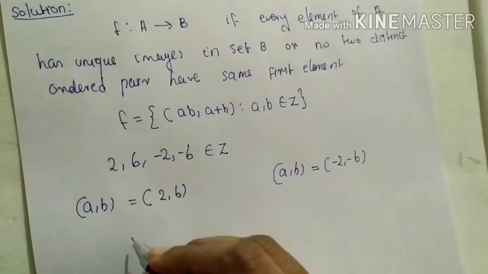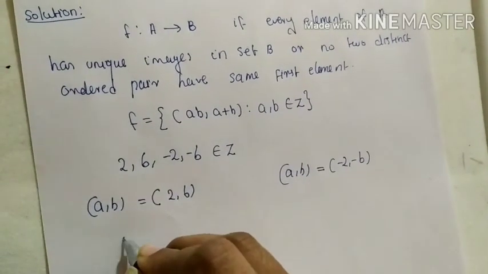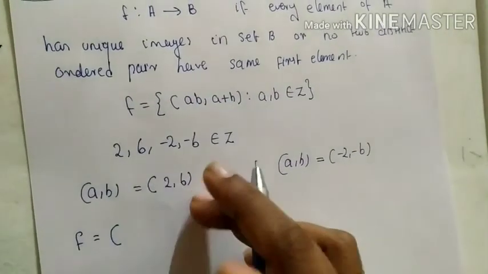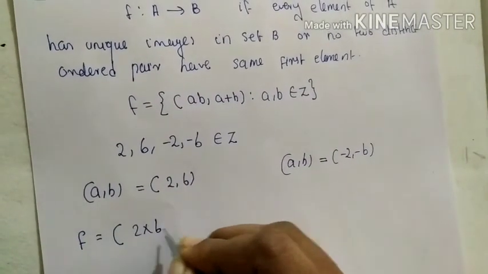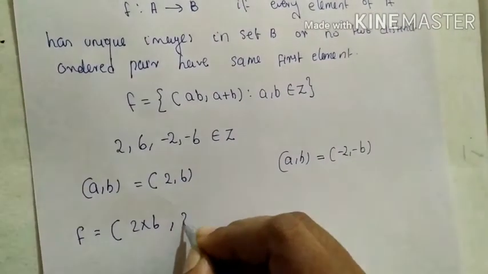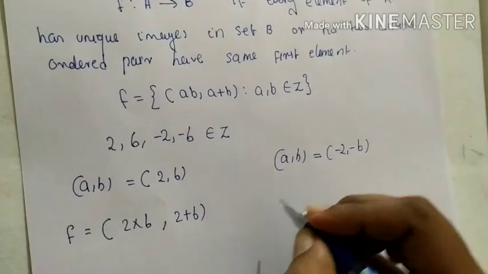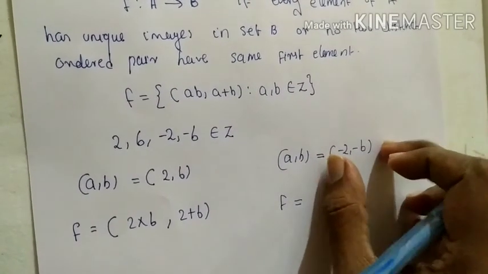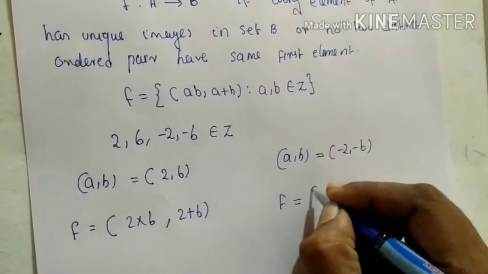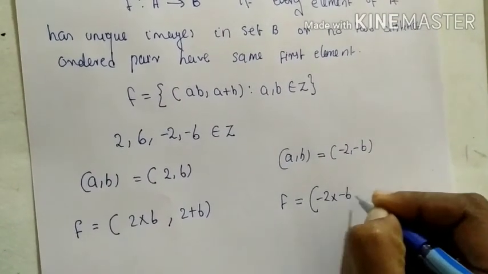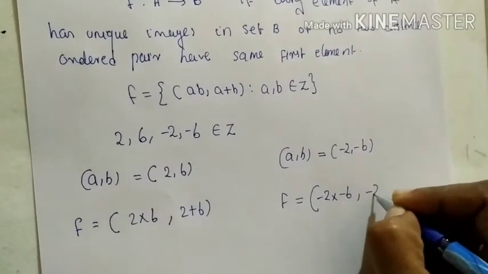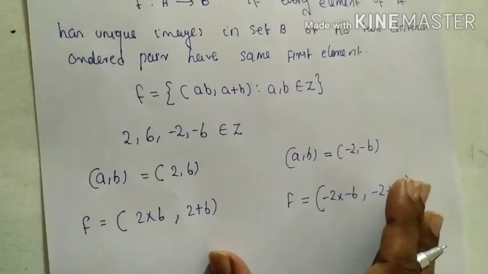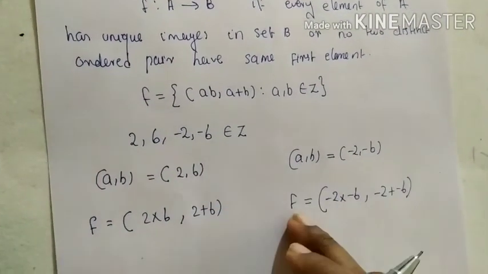We get the function value as: ab means 2 into 6, comma, a plus b means 2 plus 6. And for the other, ab means minus 2 into minus 6, and a plus b means minus 2 plus minus 6. These two elements are elements of our function.